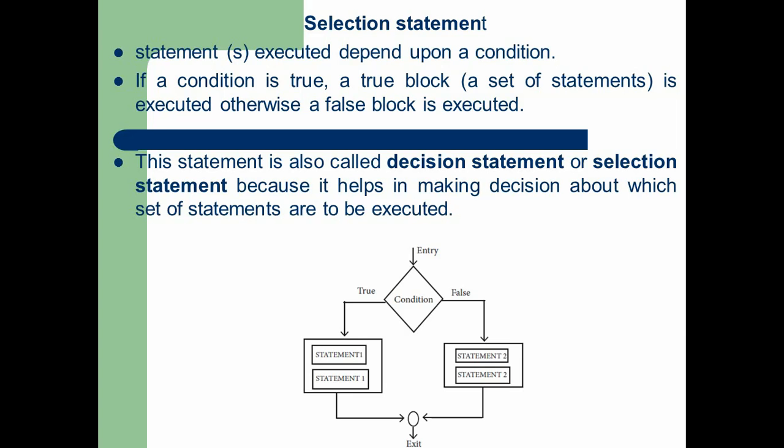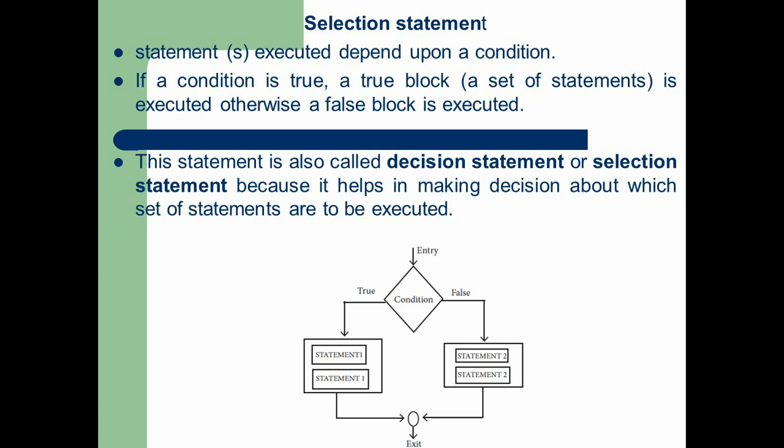Depending upon the condition, either the true block or the false block will execute. Only one of the blocks executes. After executing that block, it will exit from the condition. This statement is also called a decision statement or selection statement because it helps in making decisions about which set of statements are to be executed.